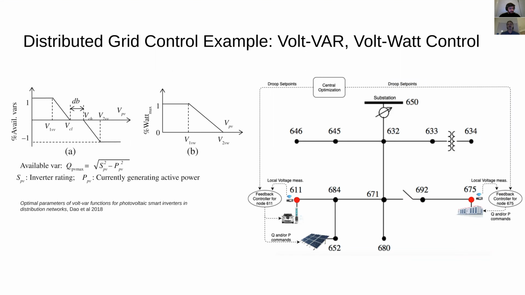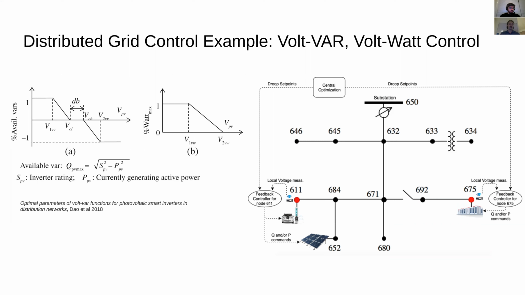So the most common example of distributed grid control is Volt-VAR, or volt-watt control. And Volt-VAR and volt-watt control is basically the modulation of local reactive and/or real power injections based off local voltage magnitude measurements.